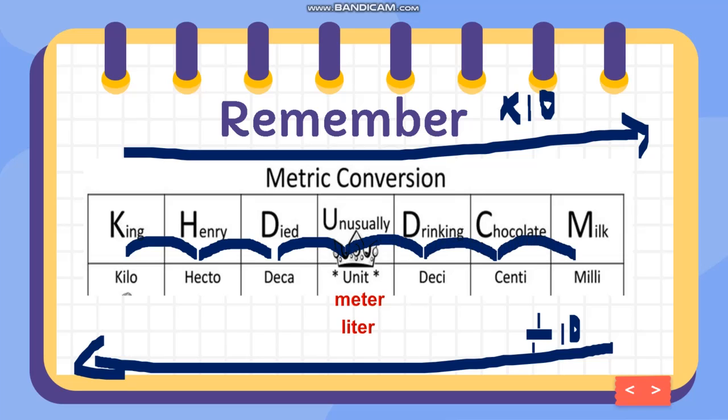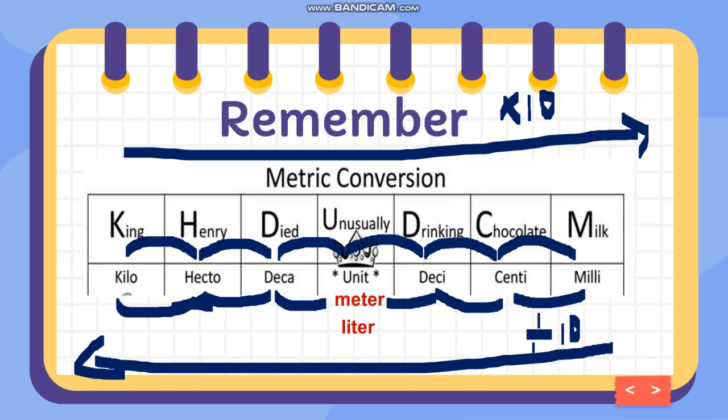The same when you convert millimeter to centimeter, that is divided by 10; centi to deci, divide by 10; deci to meter, divide by 10; meter to deca, divide by 10; decameter to hectometer, divide by 10; and hectometer to kilometer, divided by 10.